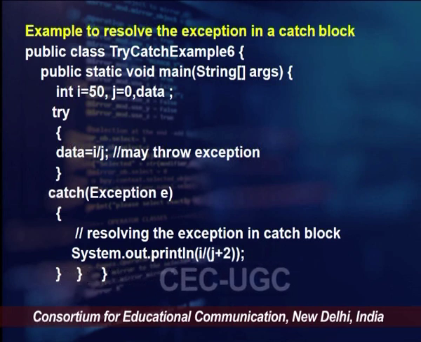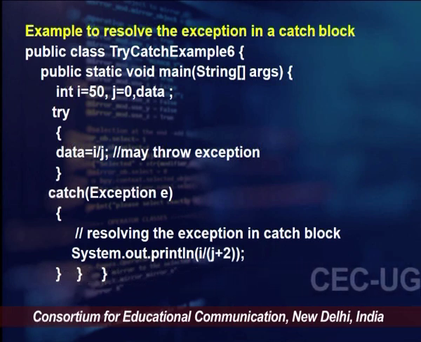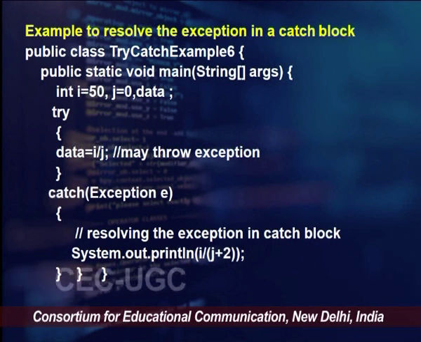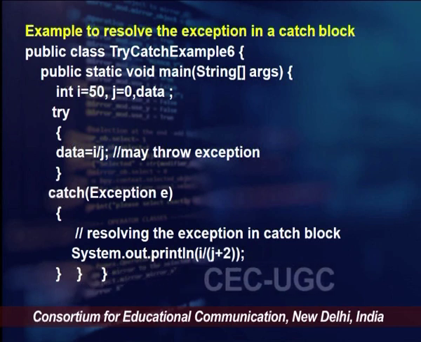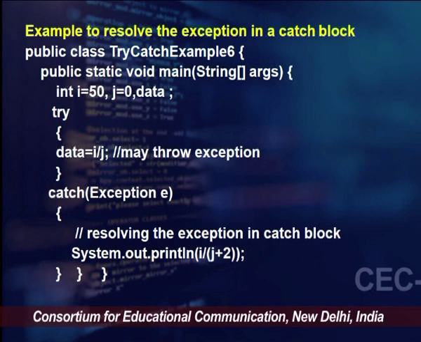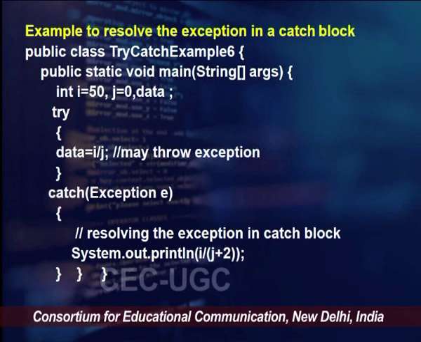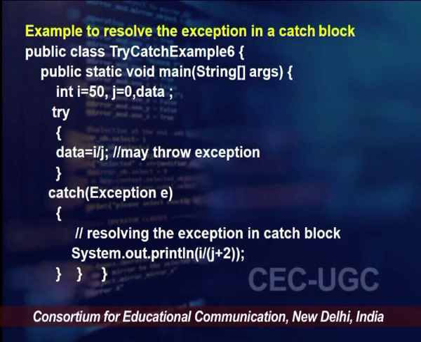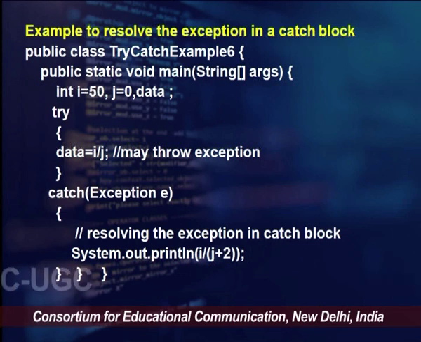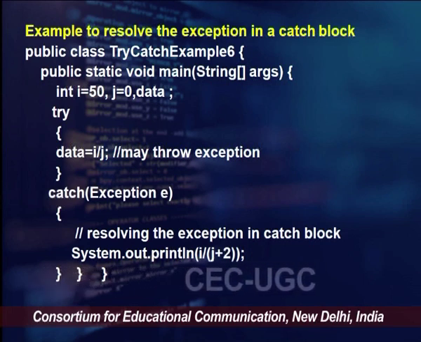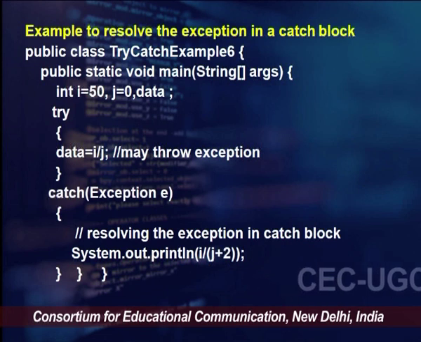Here you can see that within the main function we have three variables. One is integer i is equal to 50, then j is equal to 0, and the integer variable data, and then the data variable is being assigned the value of i divided by j, which is 50 divided by 0, inside the try block, because this is the statement which may throw an exception, and it is being handled by the catch statement, which has the parent class and its reference variable as the parameters.